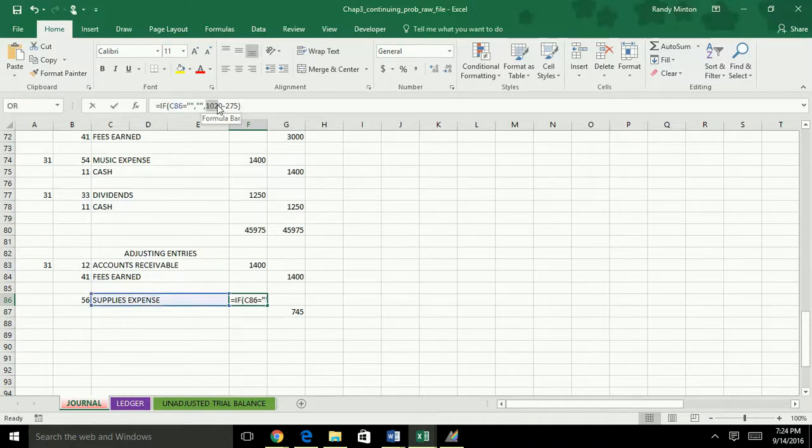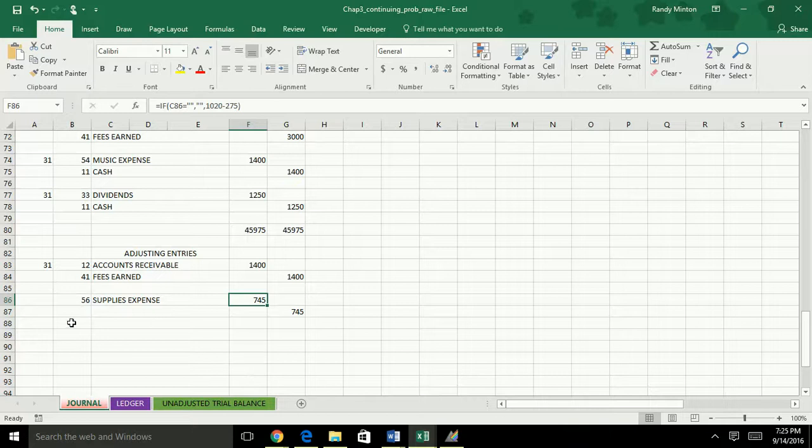Well, 1,020 was the amount in the account, and 275 is the amount that should be in the account. So if I subtract one from the other, that gives me the amount that needs to be in the expense and needs to be reduced from the supplies account in order to make it come down to its proper value.